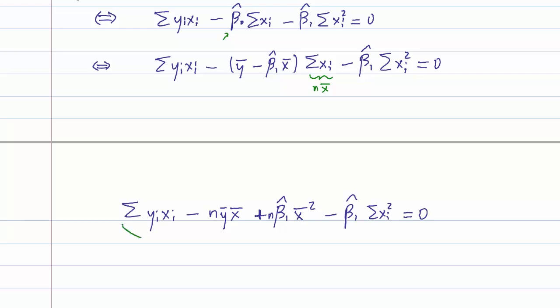Now this part here should look familiar. Sum of yi xi minus n times y bar x bar.